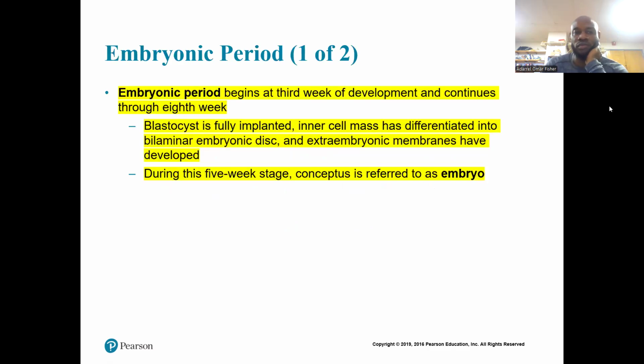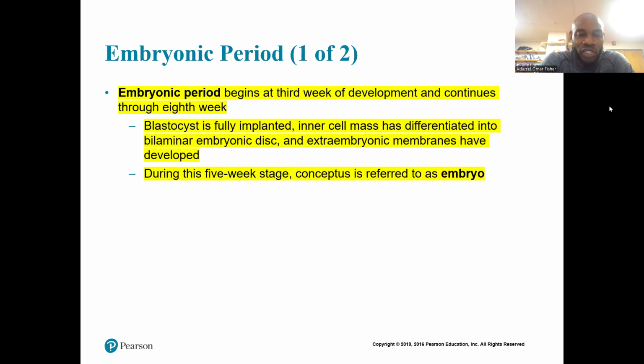Week 3 through 8. The embryonic period begins at the 3rd week of development and continues through the 8th week, where we call it an embryo. Generally, we use the word embryo or fetus interchangeably in the real world, but technically, the embryonic period scientifically is week 3 through week 8.